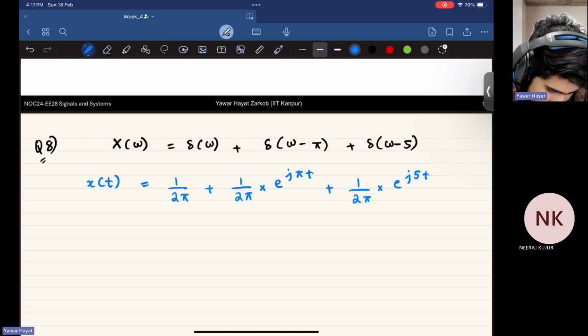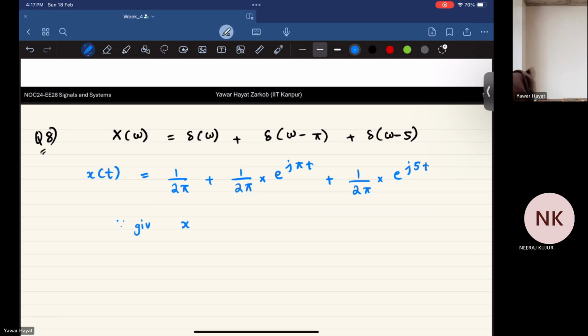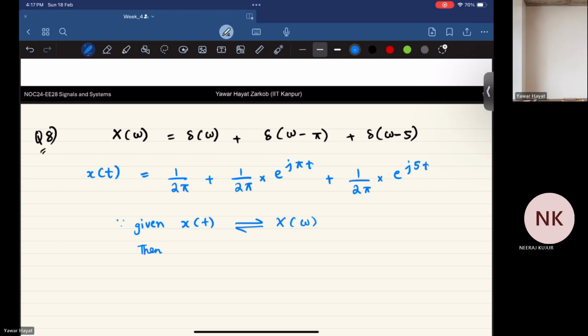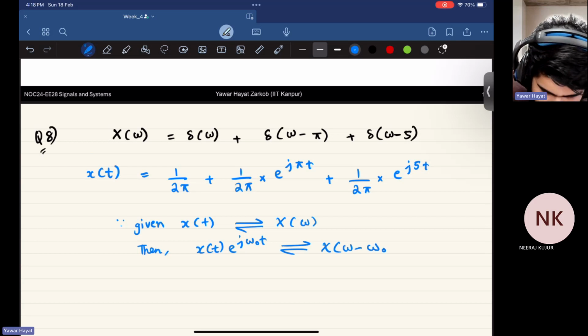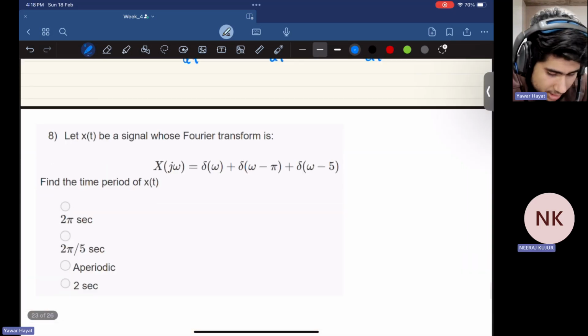I should even write the property which I had used: given x of t and x of omega, then x of t e to the power j omega naught t corresponds to x of omega minus omega naught.